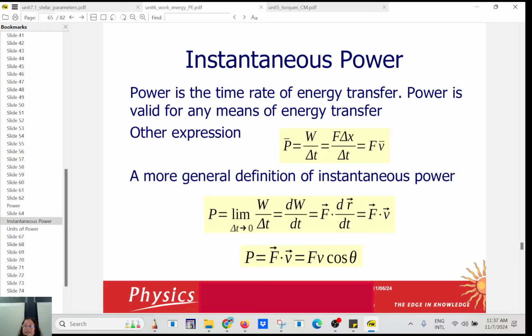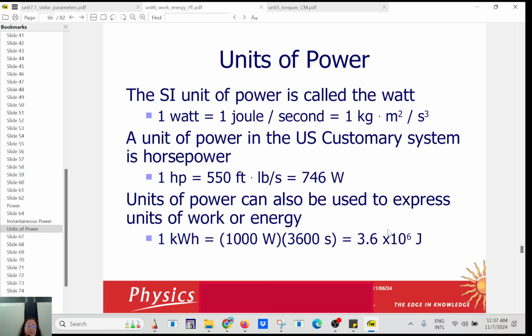This is average power. You also have instantaneous power, at a given time. Then you have to use the dot product. It's just a definition, nothing to worry about, right? F and v are vectors.